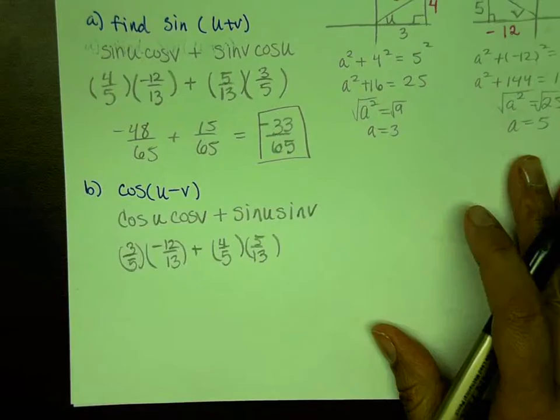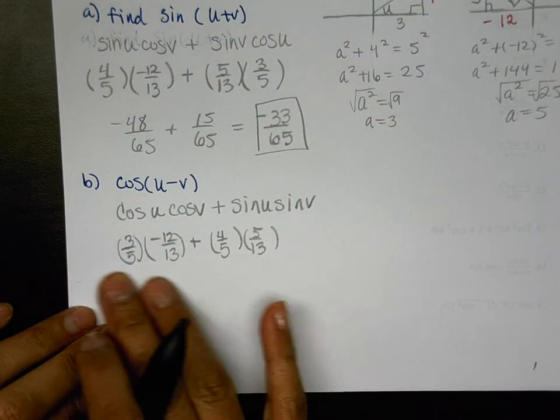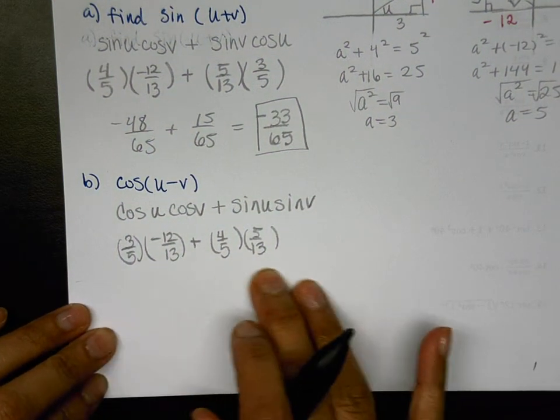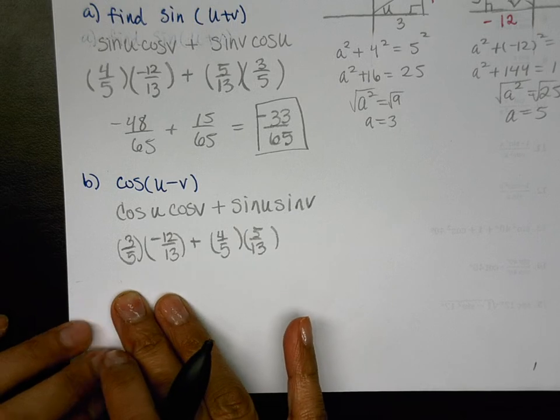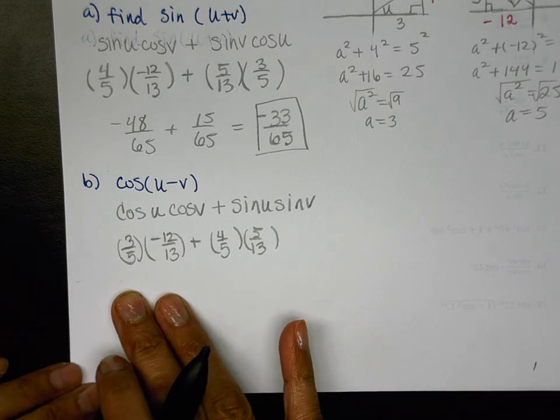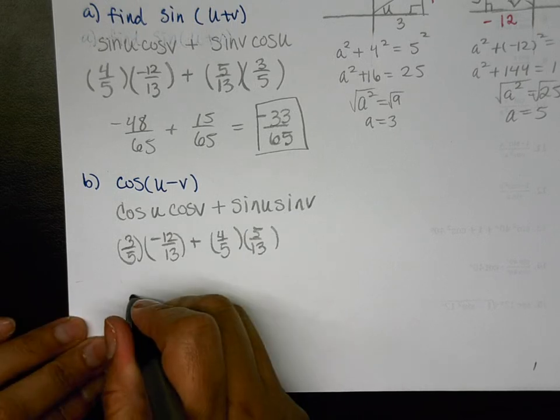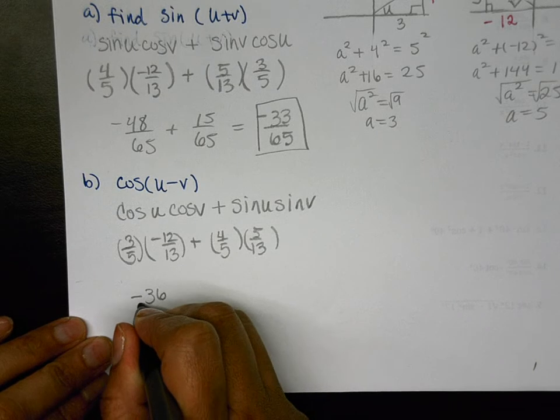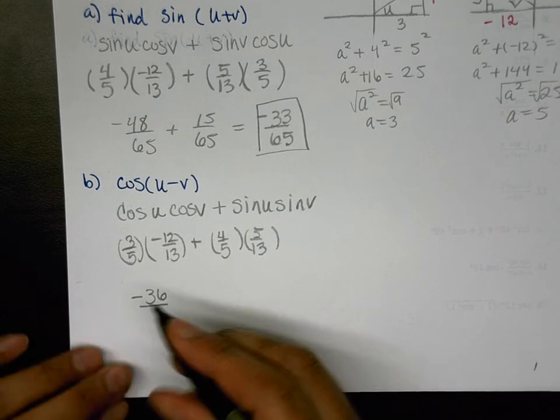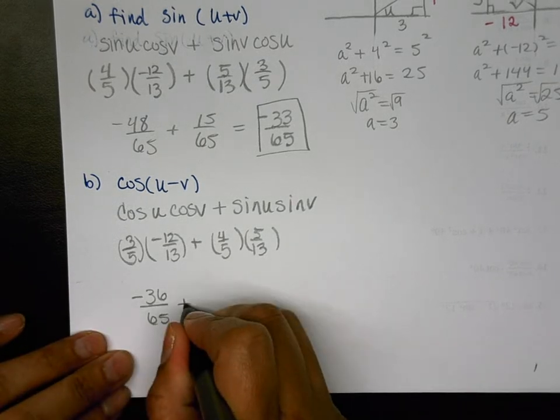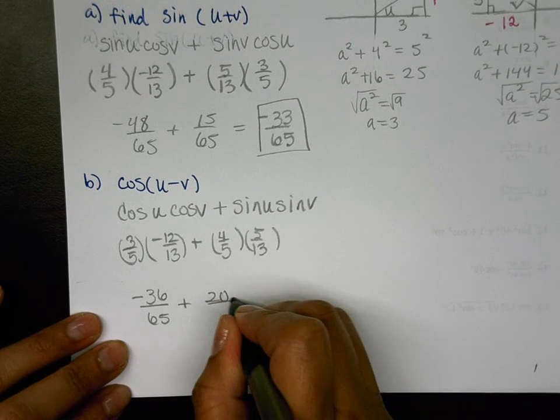All right, check with your shoulder partner. And then check with mine. Are these the combination of fractions you have? And then you get negative 36 over 65 plus, what is that, 20 over 65?